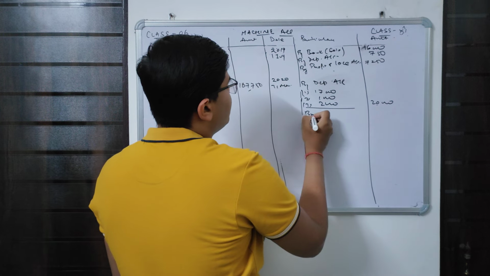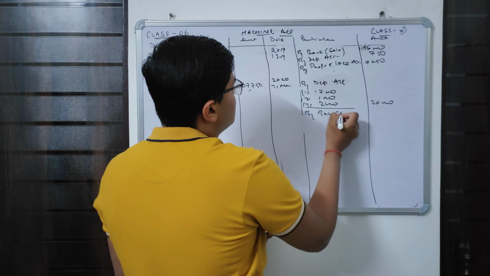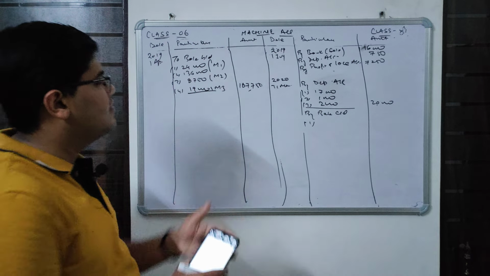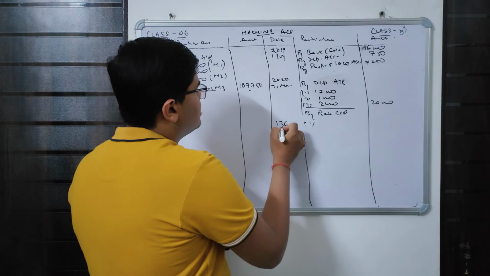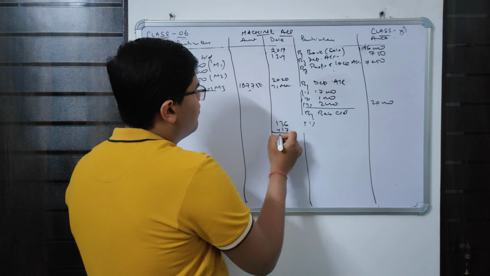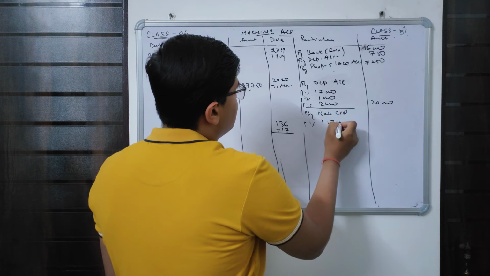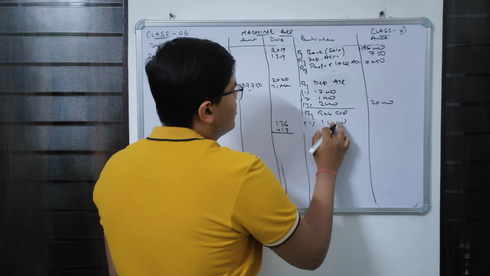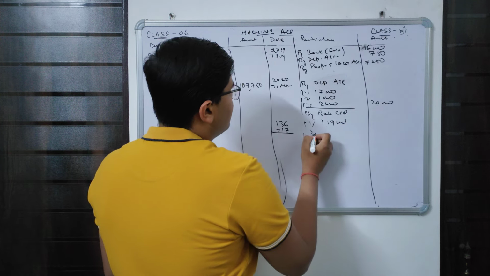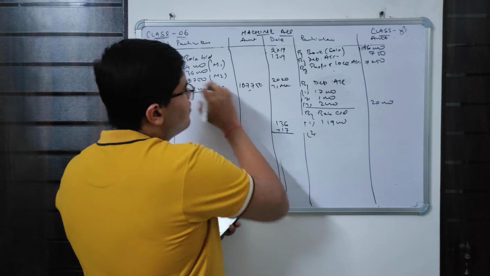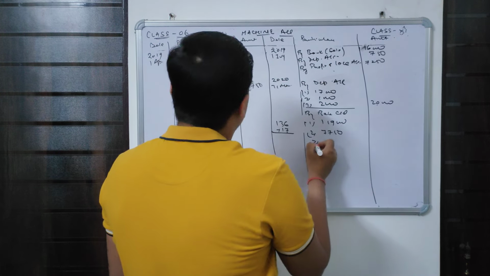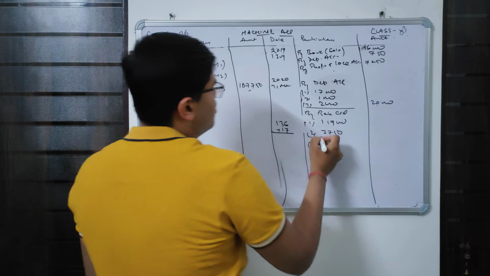And the balance again you have to carry down. The balance carried down, you can simply subtract it. 136 minus 17. What will we get? We will get 1,19,000. Second, 8,750 minus 750, and 19,000 minus 2,000, 17,000.